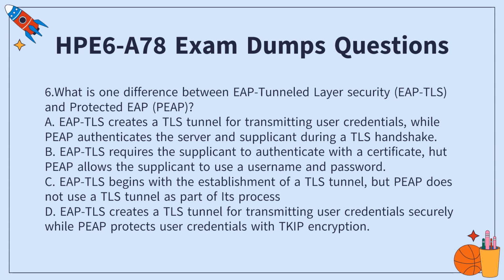B. EAP-TLS requires the supplicant to authenticate with a certificate, but PEAP allows the supplicant to use a username and password. C. EAP-TLS begins with the establishment of a TLS tunnel, but PEAP does not use a TLS tunnel as part of its process. D. EAP-TLS creates a TLS tunnel for transmitting user credentials securely, while PEAP protects user credentials with TKIP encryption.